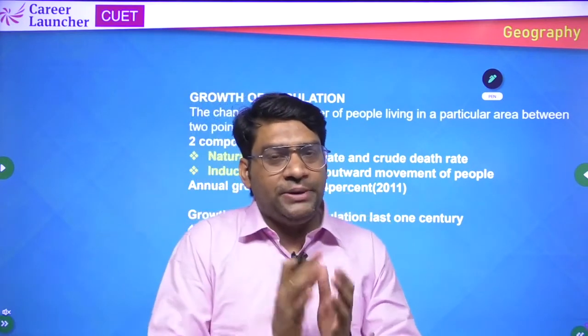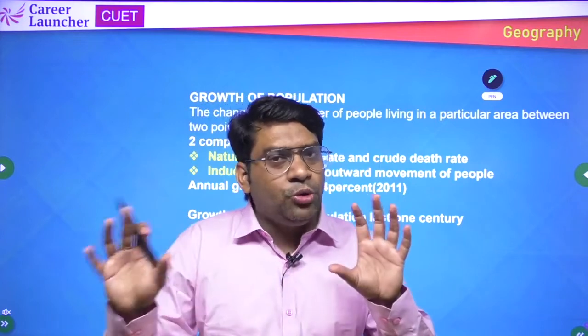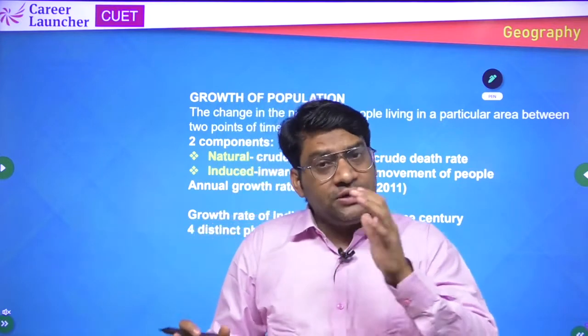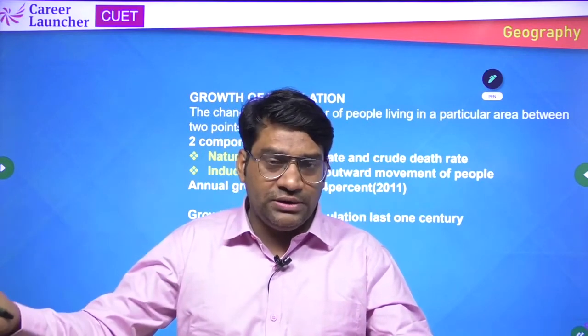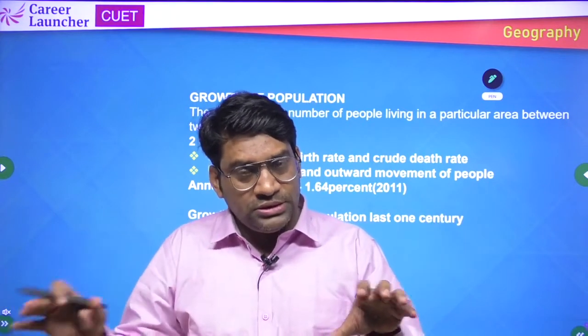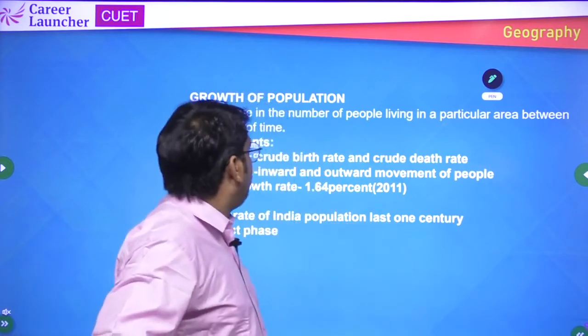When we compare the population of a particular place between two points in time, say the 1951 population of India and the 2021 population of India, there will be some changes, and that is called growth of population.